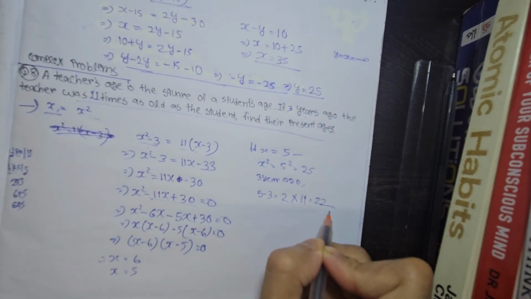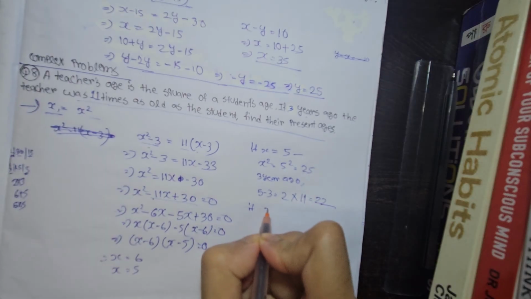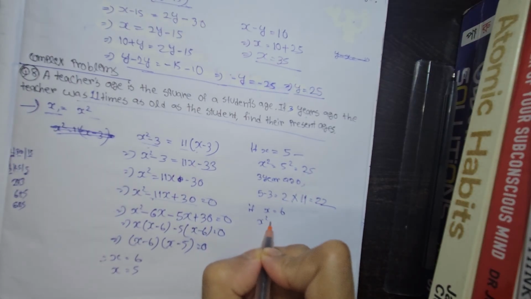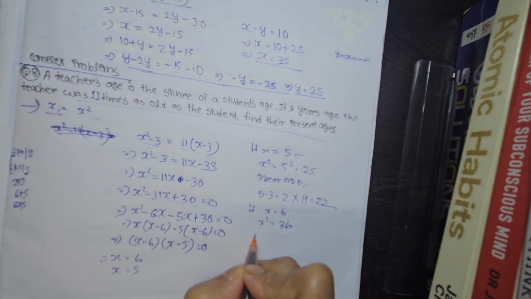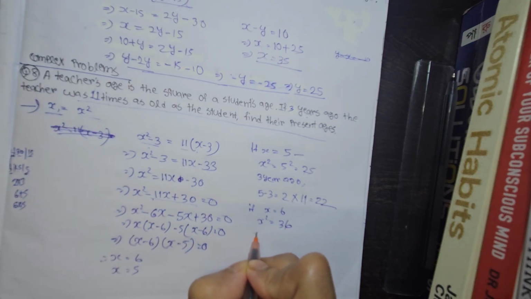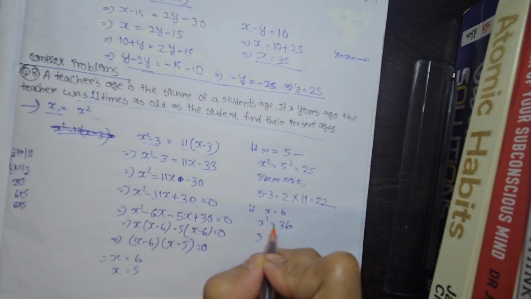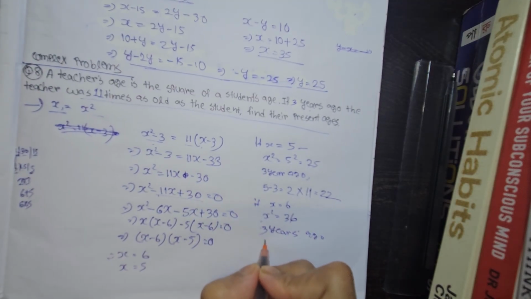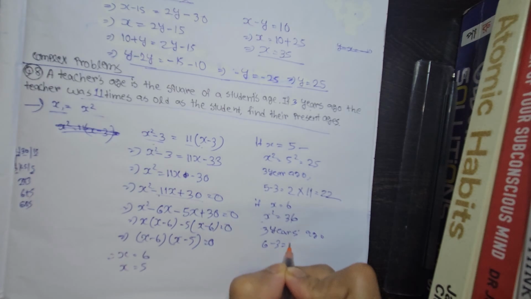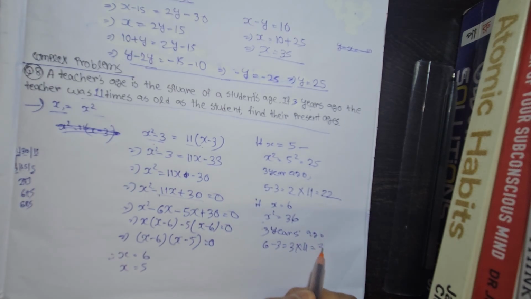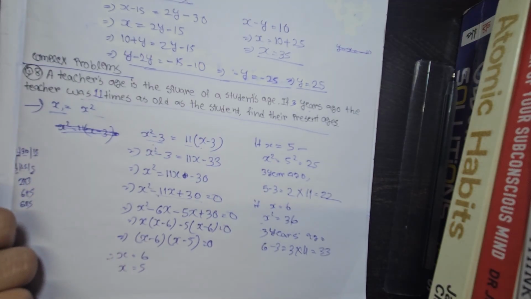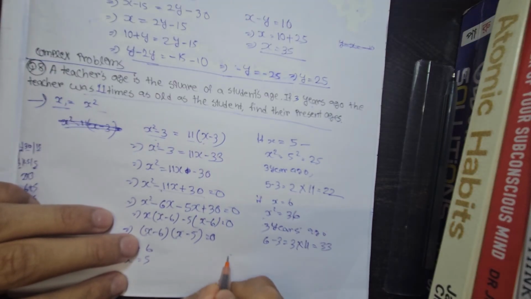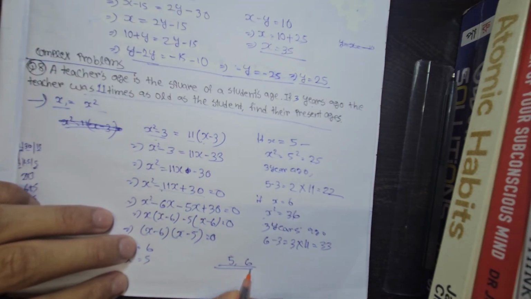That matches. If x equals 6, then x square equals 36, and 3 years ago 6 minus 3 equals 3, times 11 comes to 33. Both answers satisfy. So there are two possible solutions for this problem: 5 and 6. The answer can be both of them.